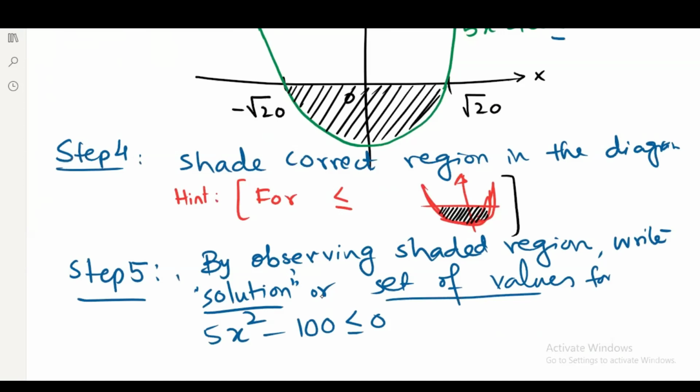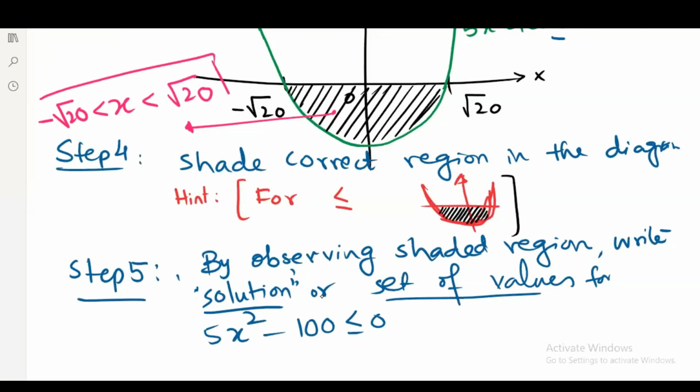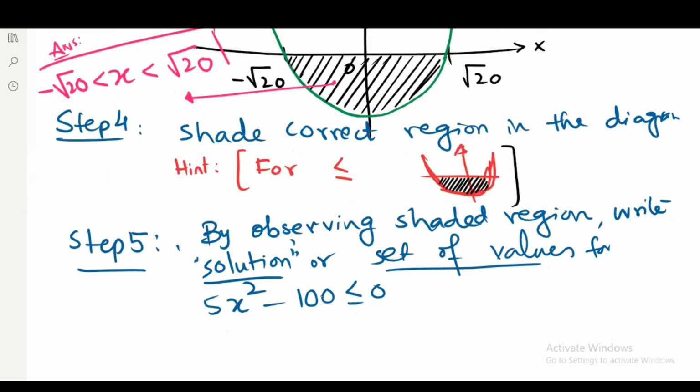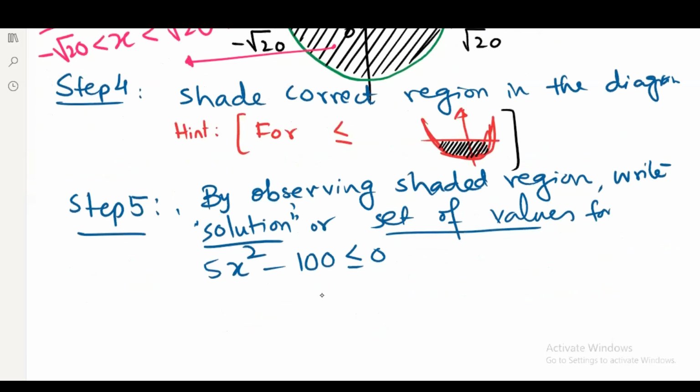All were lesser than equal to 0 here. So, by observing the shaded region, this is for x in between minus square root 20 and plus square root 20. So this is the answer. Mention the answer here.